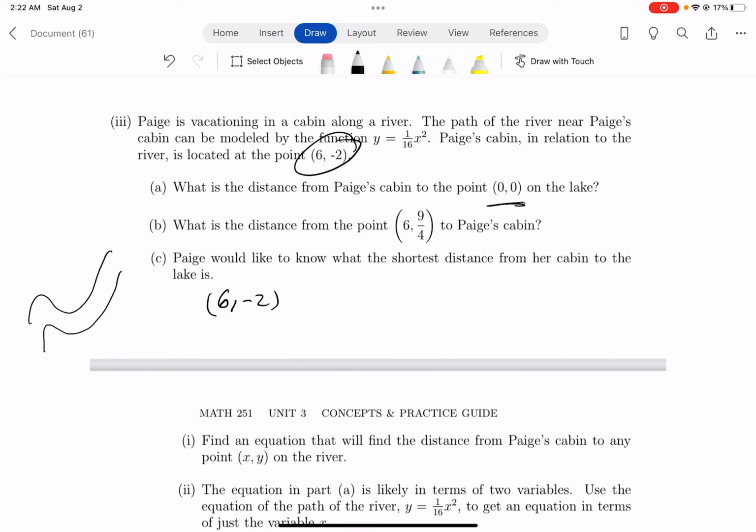We need to find the point x and y that's going to be the shortest distance from Paige's cabin to the river.